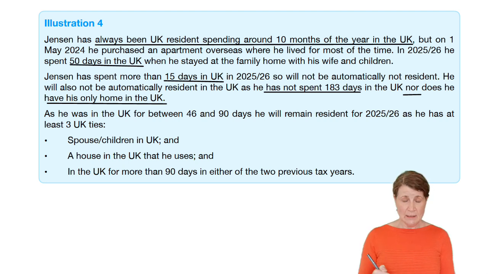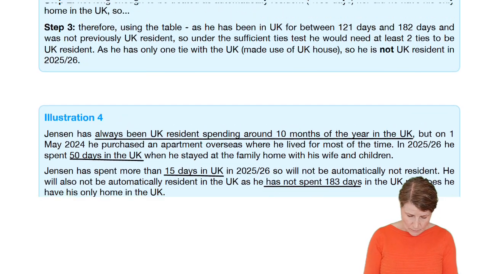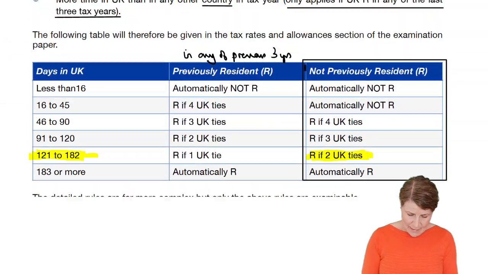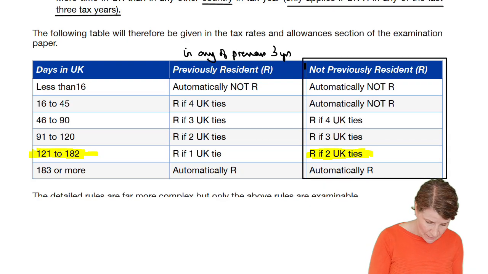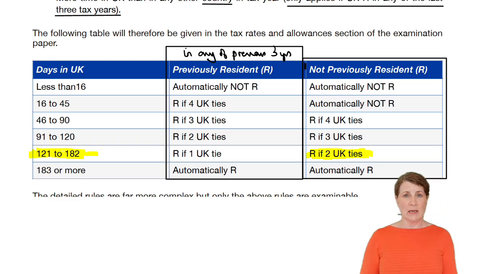So once again, we say, okay, looking at our table, and this time we want the first bit here because he was previously resident in the UK, so spending at least 10 months of the year in any of the 3 previous tax years. So he was previously resident in the UK.